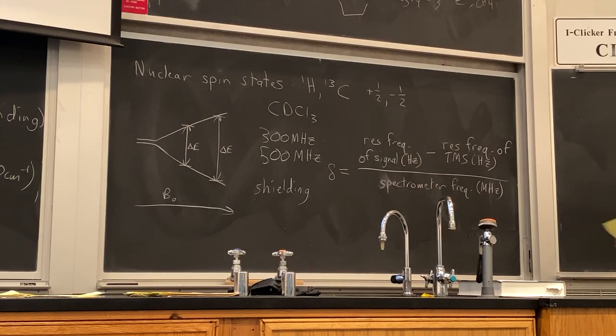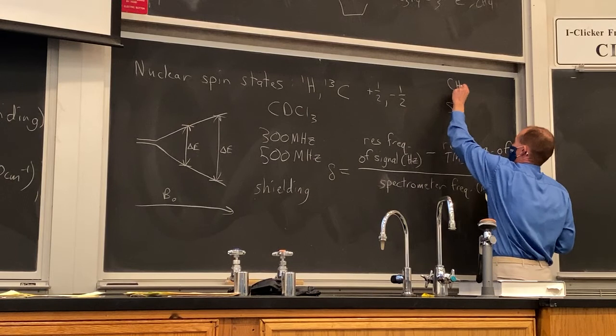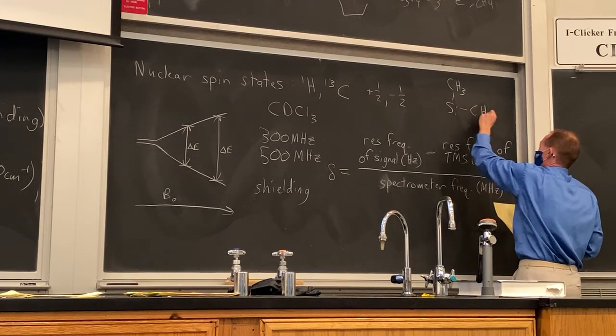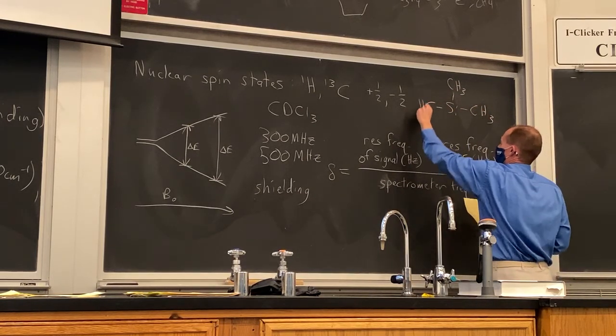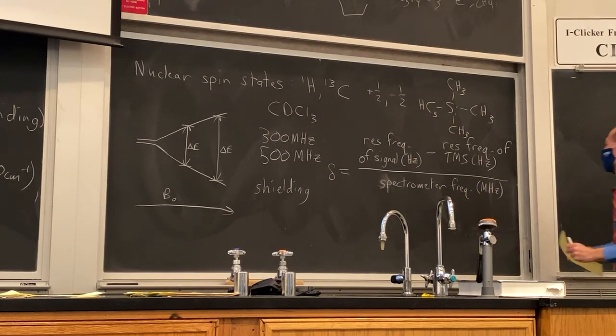So TMS is tetramethylsilane. So the nice thing about this scale, as I'm drawing this molecule, is that it's independent of frequency. When you divide hertz by megahertz, you get parts per million. So you've gotten rid of the frequency. That's why we have parts per million here as our scale, because we're dividing hertz by megahertz.